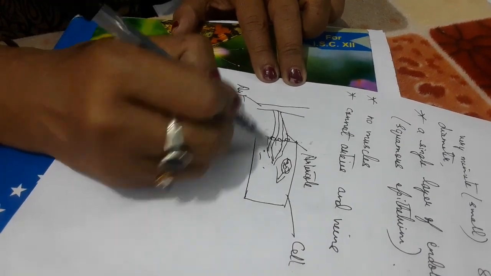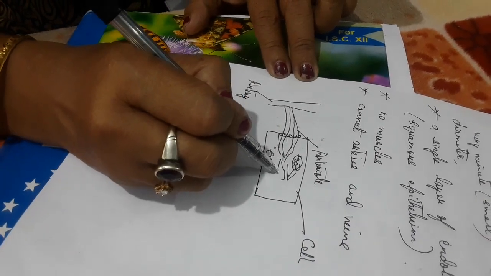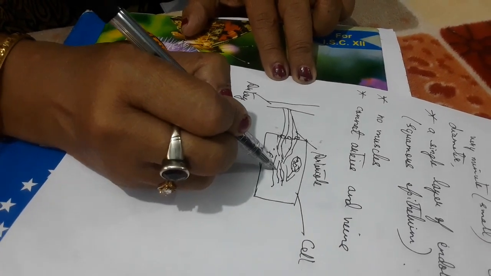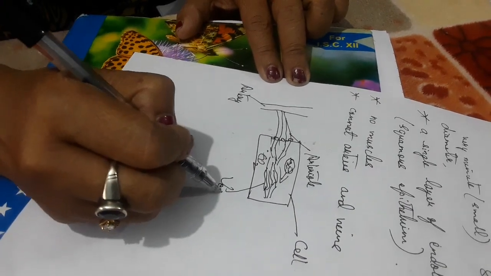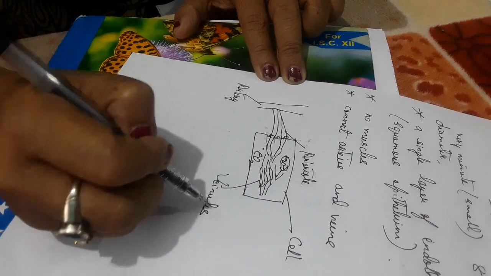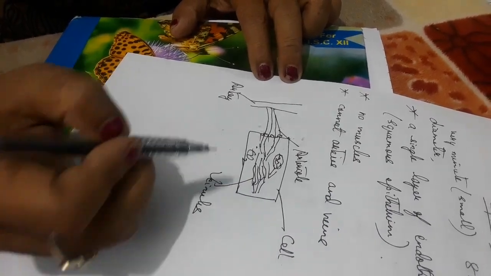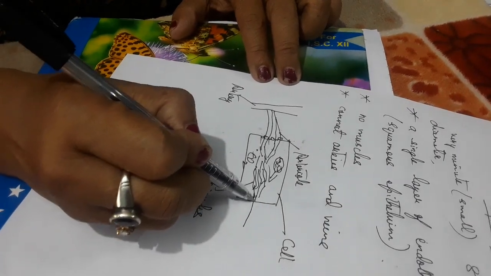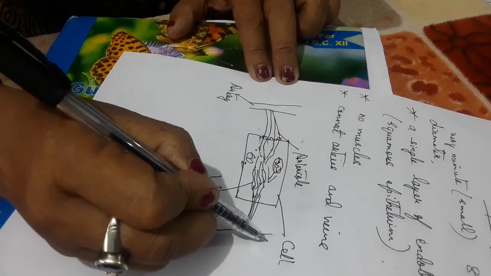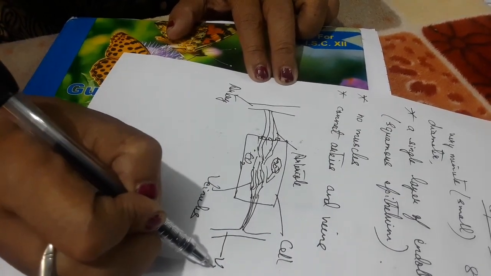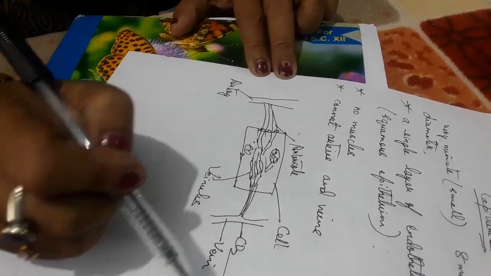During this process, carbon dioxide is given out, which is then picked up by smaller venules. Venules then unite to form the veins, and they carry the CO2 back to the heart.